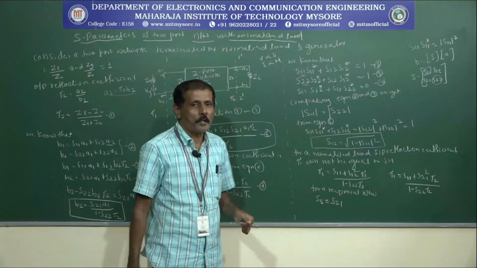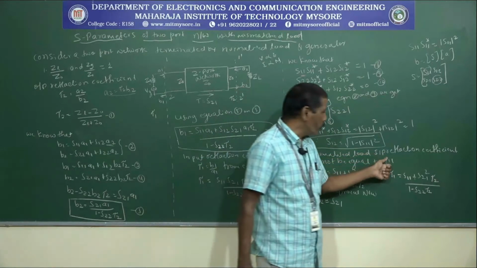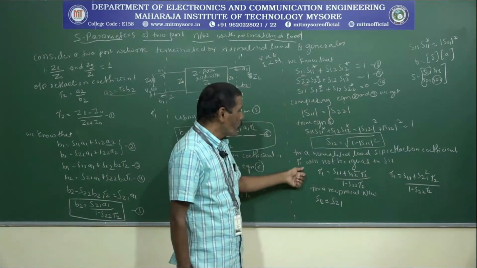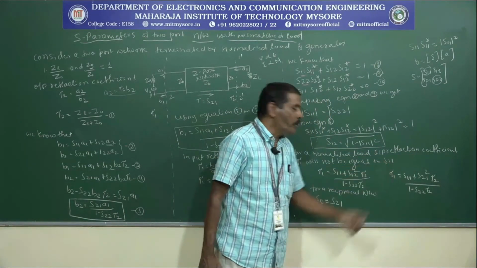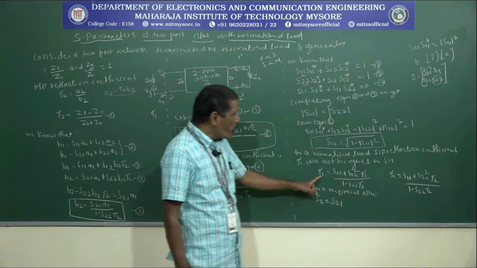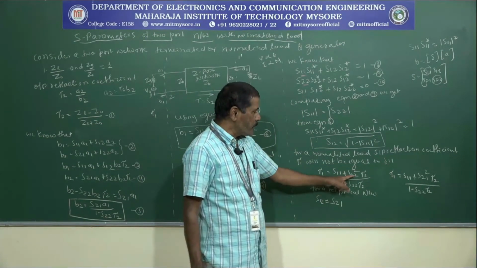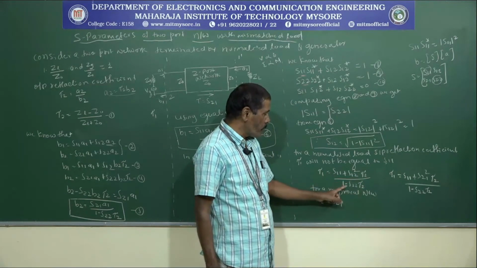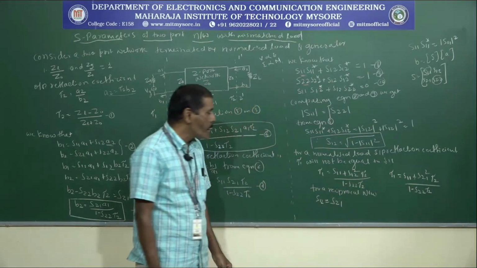Now for the next parameter, for a normalized load, the input reflection coefficient tau 1 will not be equal to S11. Then tau 1 equals S11 plus S12 square into tau 2 divided by 1 minus S22 tau 2.